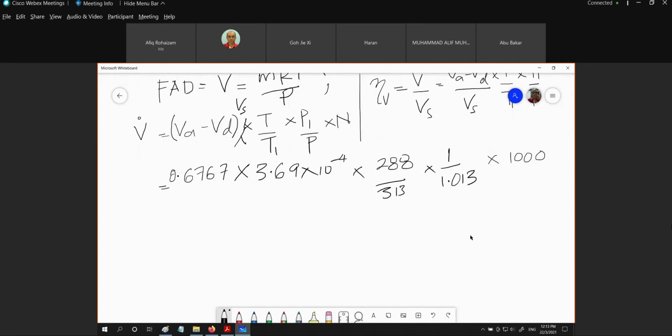So kalau kita tengok unit, unit sini adalah meter cube. Vs adalah meter cube, dan sini tak ada unit, sini tak ada unit. Kita cancel off. Kalikan dengan N, 1 per minute. So kita akan dapati unitnya adalah meter cube per minute. Okay, berapa tu?